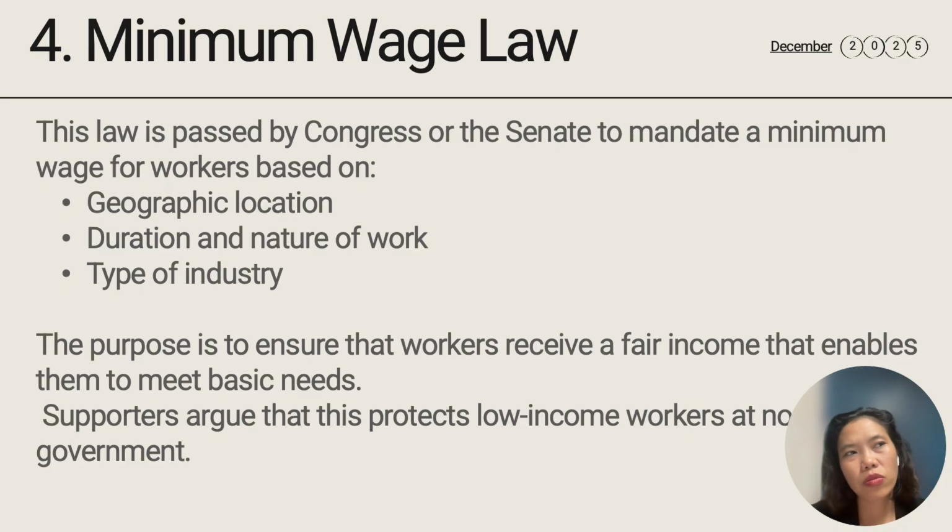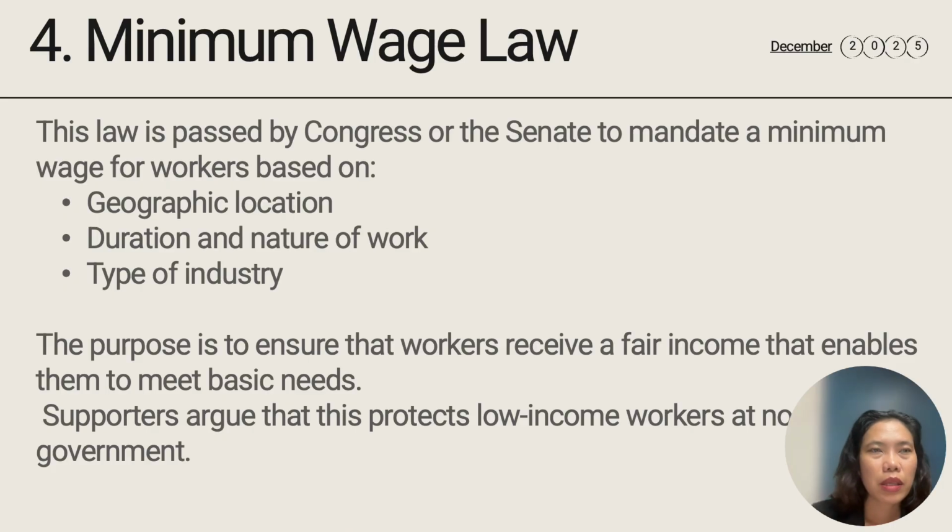So in type of industry, we have factories, we have service industries, we have merchandising industries. No? So duration and nature of work, it could be the project hire, the casual, or the probationary, or the regular employees. So the purpose is to ensure that workers receive a fair income that enables them to meet basic needs.